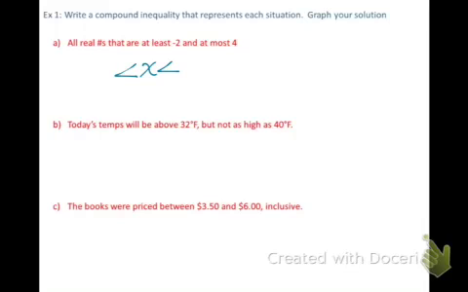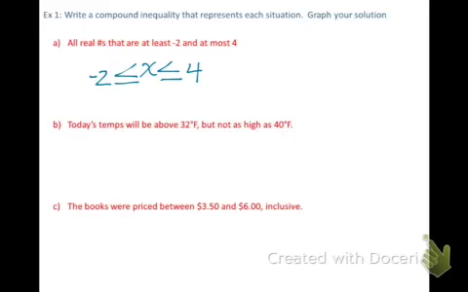All real numbers that are at least -2, so at least means it's going to include equal. And -2 means that's the smallest it could be, so it's going to go first. And then at most, again, it can be 4, so you put an equal sign, and then you put 4.